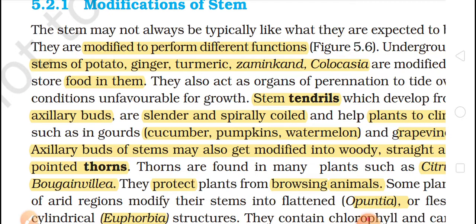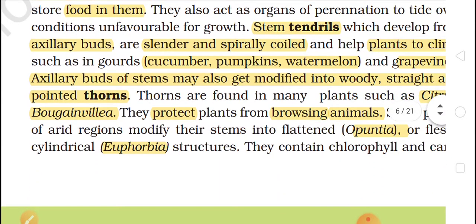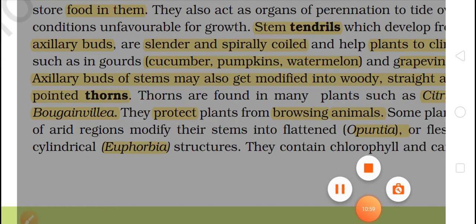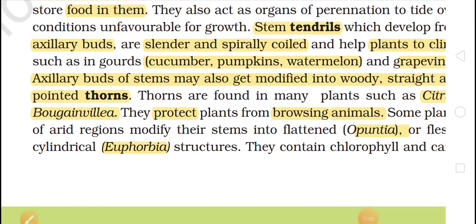So I hope you have learnt properly what we have discussed today. The two topics we have taken in this chapter are, number one, roots, and number two, stem. We have finished these two topics in chapter number 5. I hope all the things are clear to you.